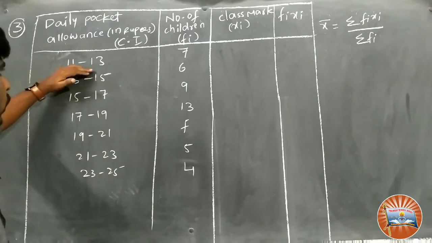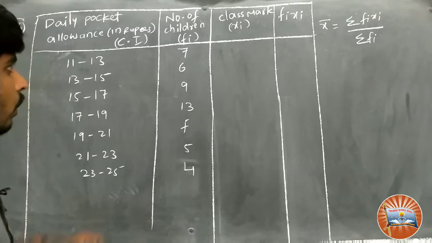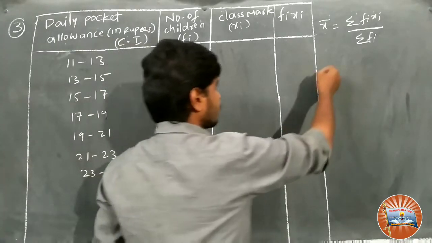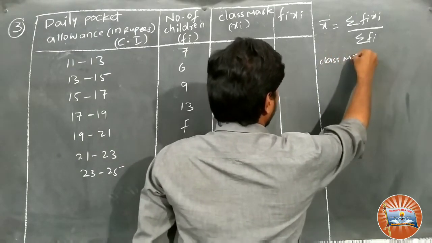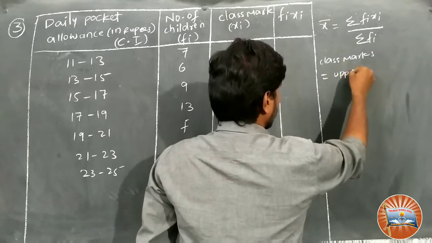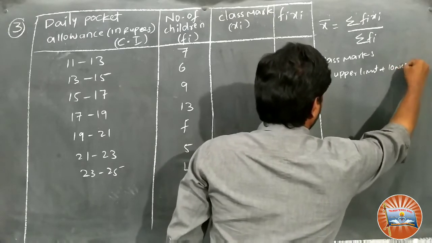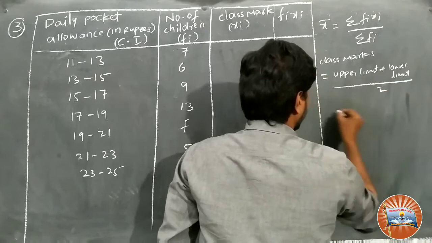So 11 to 13 we have 7 children. We have to find the class marks first. So how do we find the class marks? Class mark is equal to upper limit plus lower limit by 2.